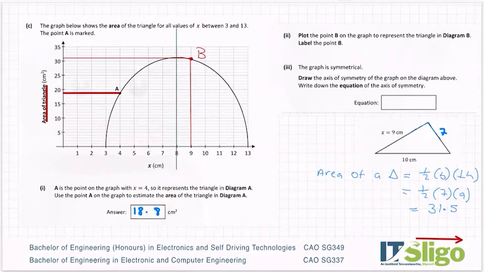So to answer this one, the green line equals axis of symmetry. And then the equation of this line: any line that comes directly up from the x-axis, the equation is x equals.